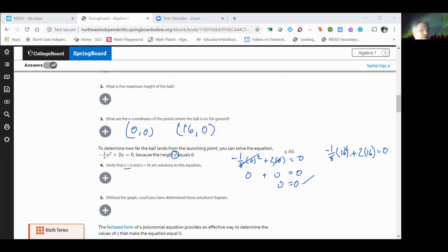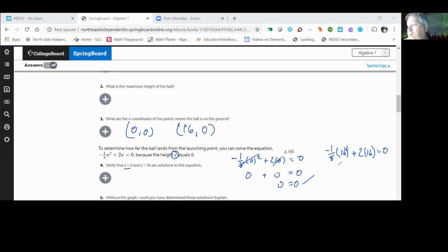If we use our calculator, 16 squared times 0.125 gives negative 32, plus 32, and of course those cancel to become 0 equals 0. So we've verified that those are both correct.